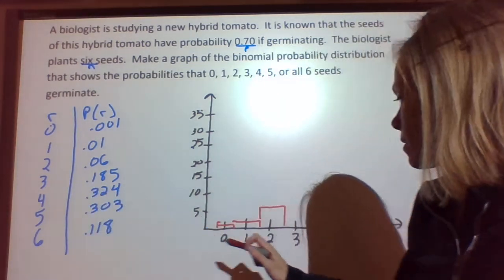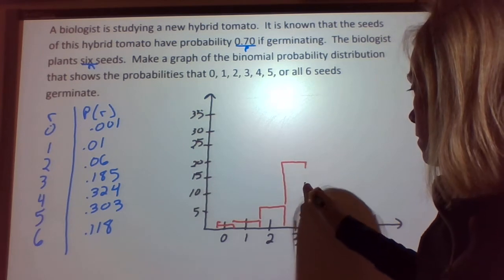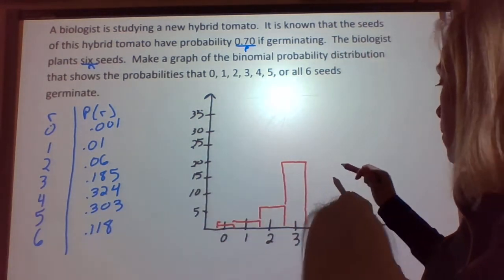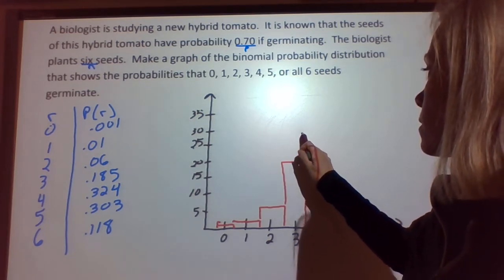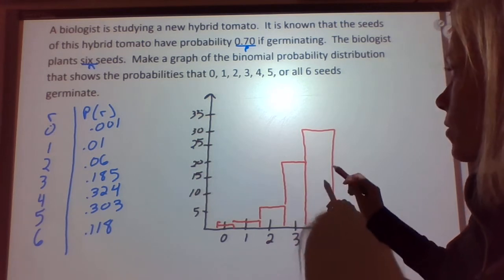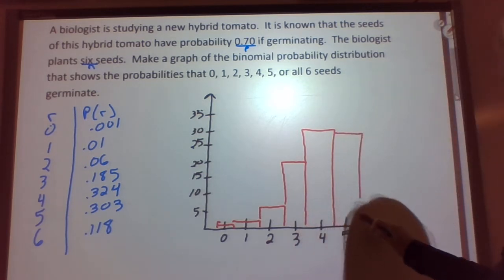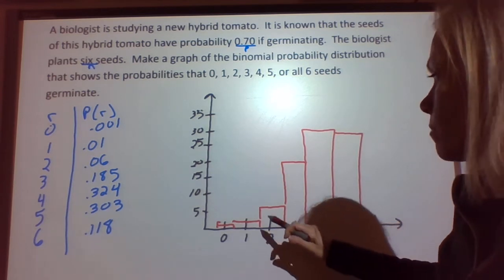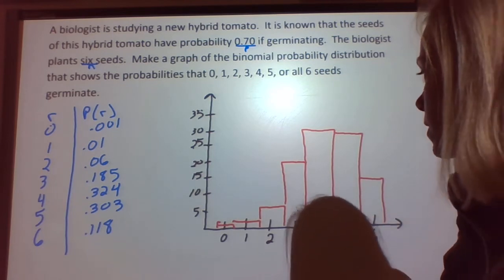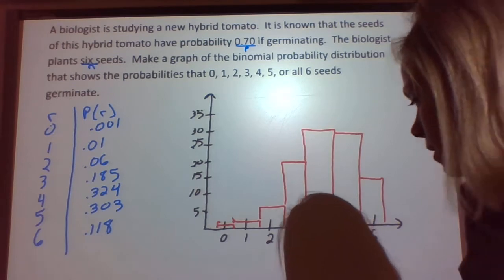And 3 is 18%. 4 is 32.4. 5 is 30. And 6 is 11.8. And I apologize if that looks a little bit off. My marker is off. I should have realigned my board, but you guys get the idea.